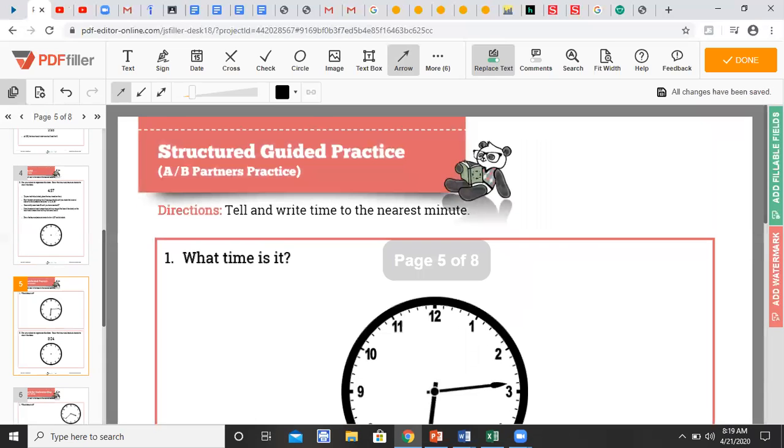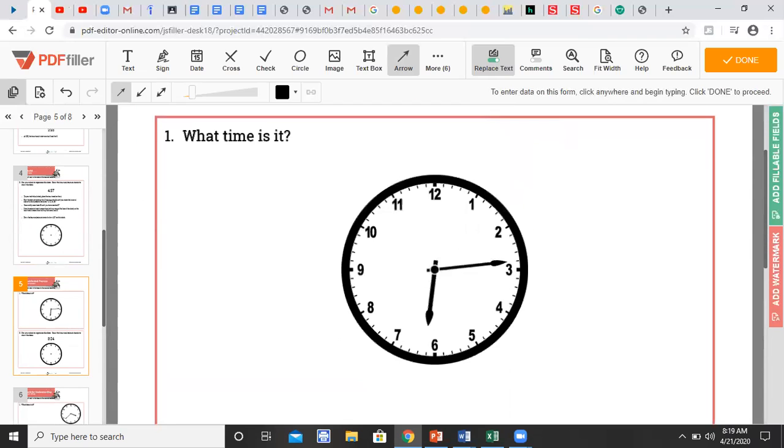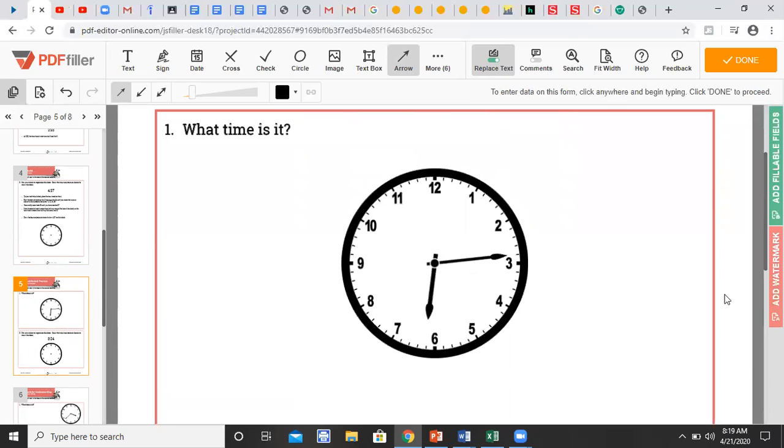We'll do it together here. Number 1, what time is it? Once again, we're going to start with our hour hand. And if you see here, our hour hand is between the 6 and the 7. As it's moving away, that hour hand moves from the 6.